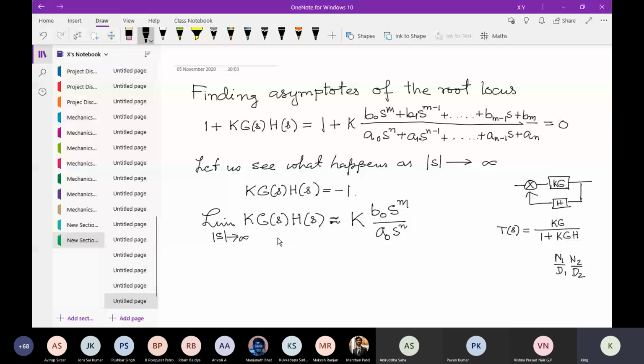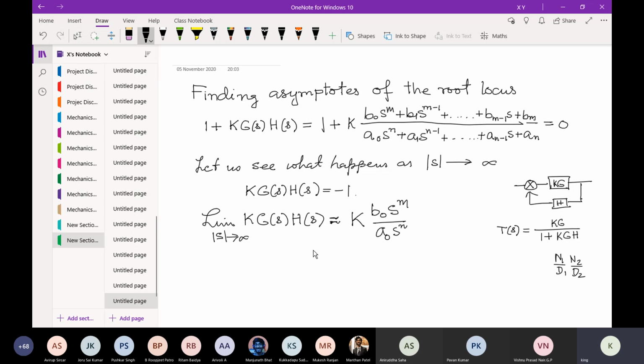If it is not quite infinity, it doesn't sound nice, but then we can say that there it behaves like this. Like modulus of s, we take as 10, 100, 1000 in those domains. As we proceed, the contribution of these terms will disappear one by one or become more insignificant. So this is the first thing that we can do.